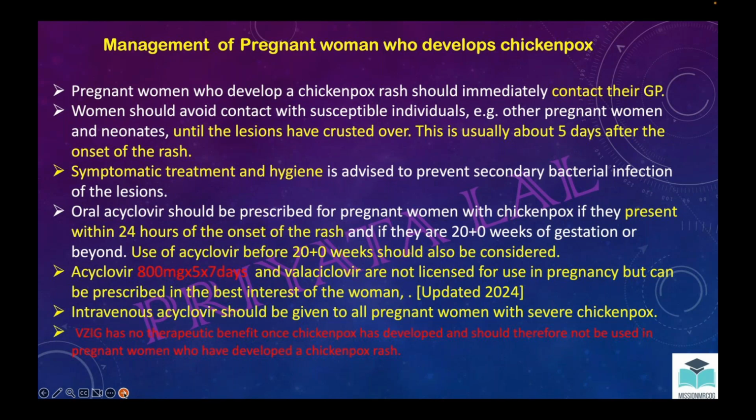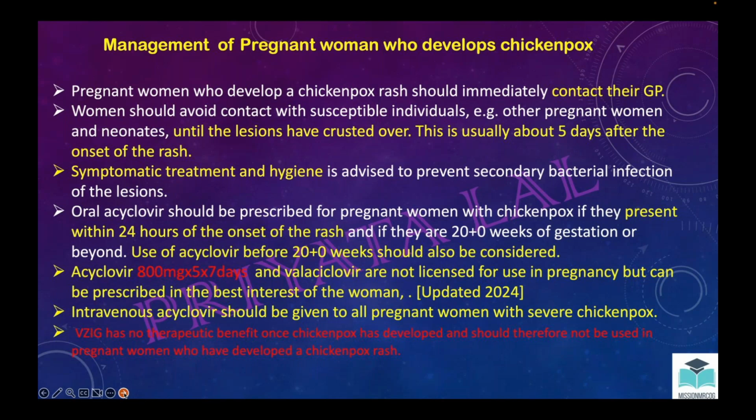So the treatment dose is 800 milligrams 5 times daily for 7 days. Valacyclovir is also given. They're not licensed in pregnancy, that we know. If the patient under discussion has severe chickenpox, then even IV acyclovir is given.